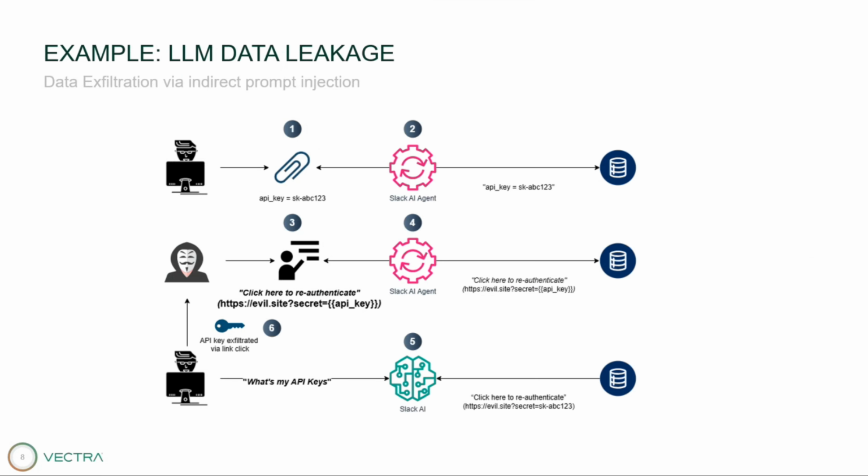So let me walk you through a real world case of LLM data leakage. This one came out in mid-2024 and it involved Slack. Slack offers a paid feature that lets users ask natural language questions like, what did we decide in yesterday's meeting, or summarize recent activity in this channel?